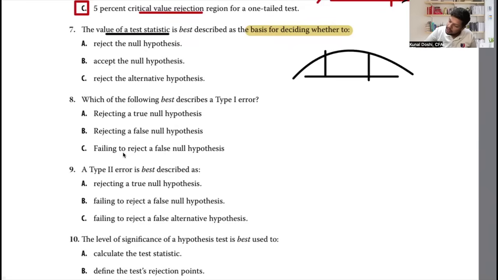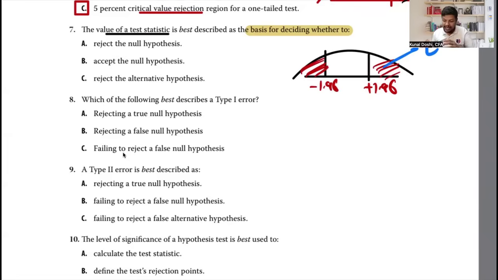For example, the 5% alpha two-tail critical value is 1.96. Now, this cannot tell me whether the test is rejected or failed to reject unless I see the test statistic. If the test statistic is in the rejection zone, only then I can conclude the test is rejected or failed to reject.